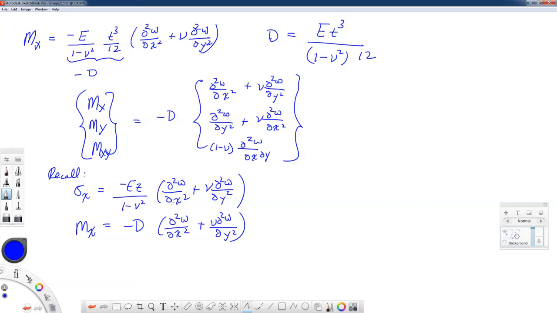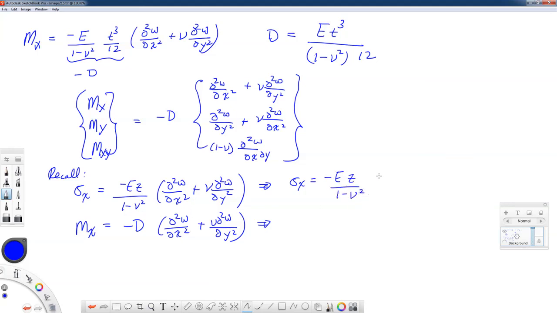And so we can rearrange these terms. We can eliminate the partial derivative terms and write the stresses in terms of this moment per length mx. Let's see if we can do that. If we solve this first one and substitute it into here, or solve the second one and substitute it in the first, we'd have sigma x equal to minus E z over 1 minus nu squared.